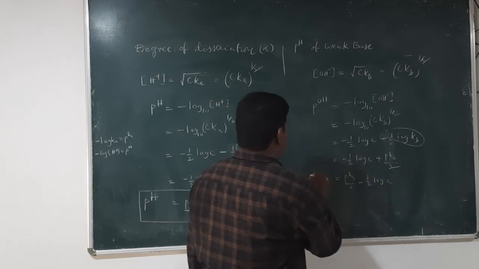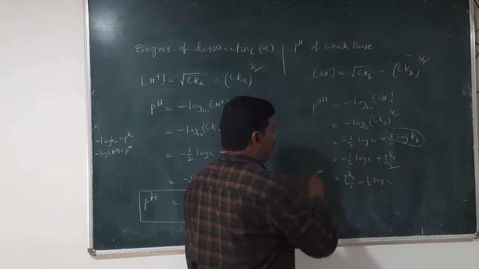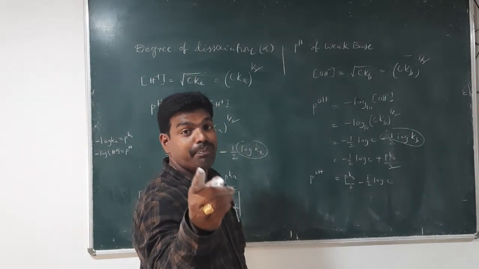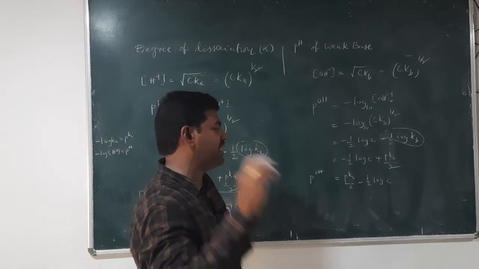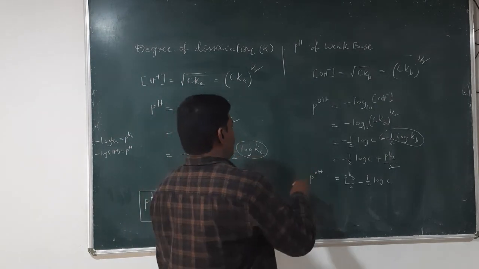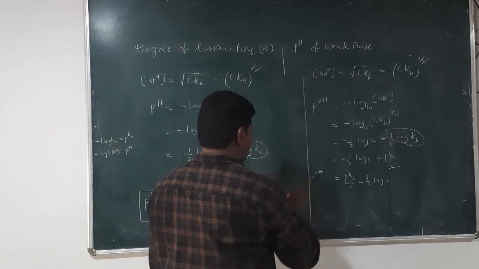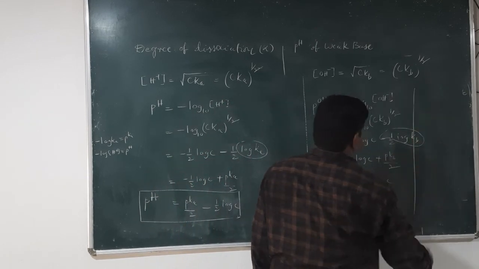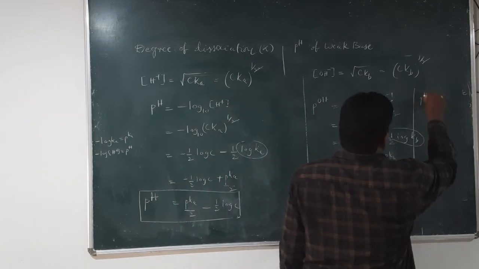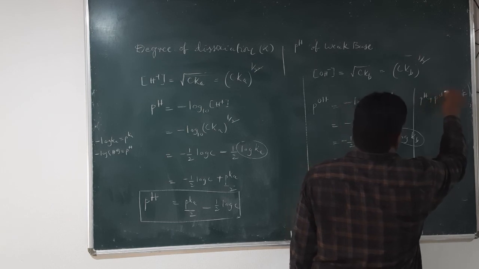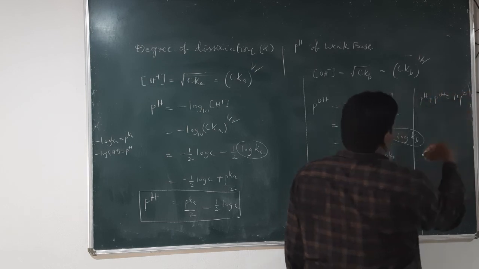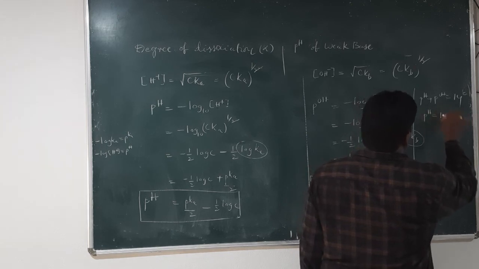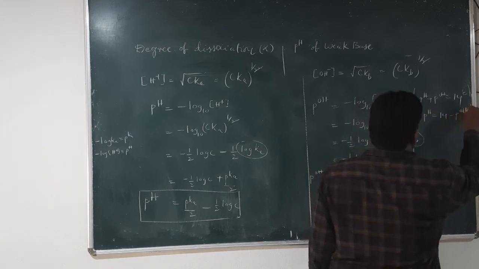This is the pOH of a weak base, but we need to calculate the pH of the weak base. We know that pH plus pOH is equal to 14, and pH is equal to 14 minus pOH.